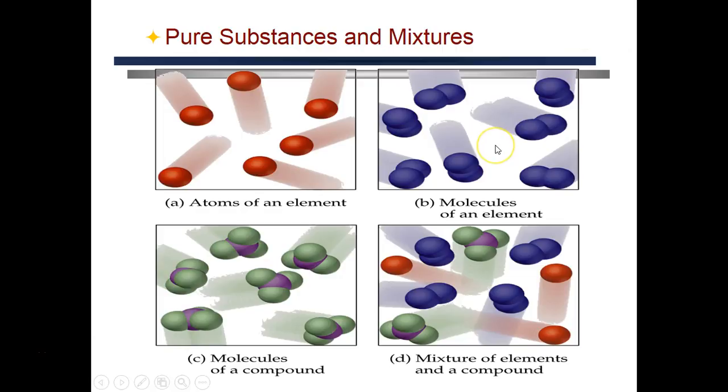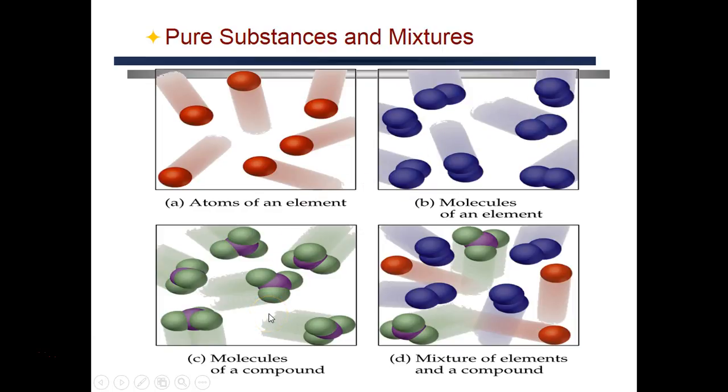If we move on to molecules of an element, you'll notice that, again, the spheres are all the same color, but they are joined with another of the same color. So this would be a molecule. Here's an atom by itself. Here are two atoms joined together. That's a molecule. Since there are no other colors mixed in, these are both elements.